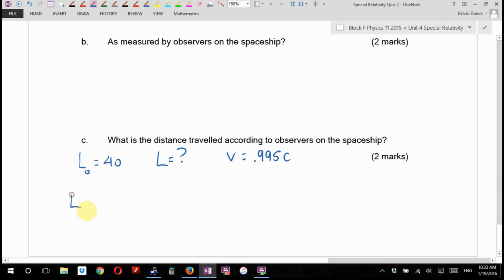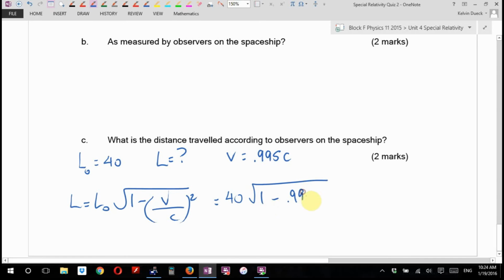I can go L equals L0 square root of 1 minus 0.995 C over C all squared. Sorry, let's put the equation down first. V over C all squared. It's going to be 40 times the square root of 1 minus 0.995 squared. The C's are going to cancel.